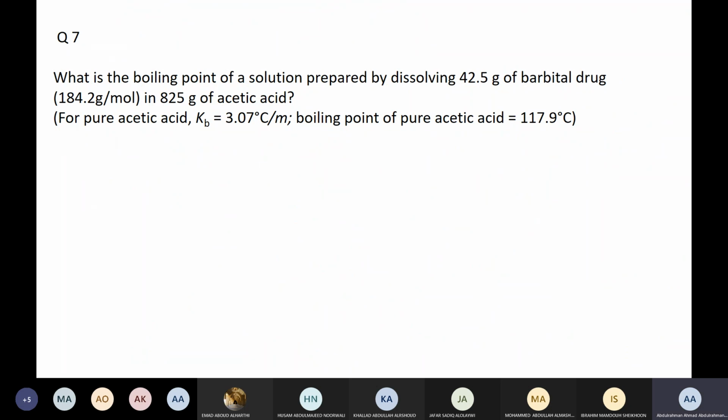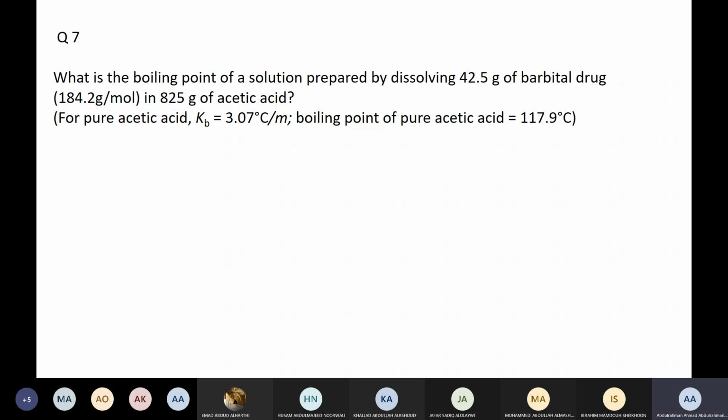Okay. What's the boiling point of a solution prepared by dissolving 42.5 gram of barbital drug in 125 gram of acetic acid?